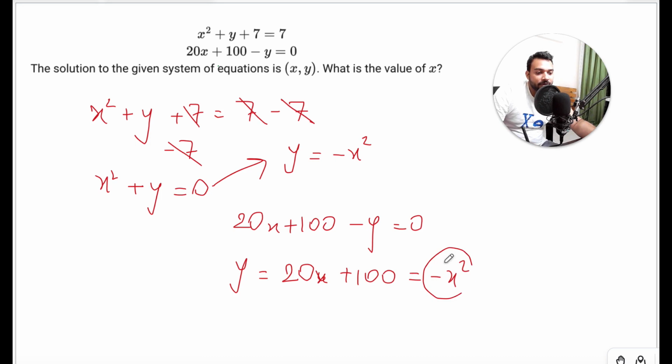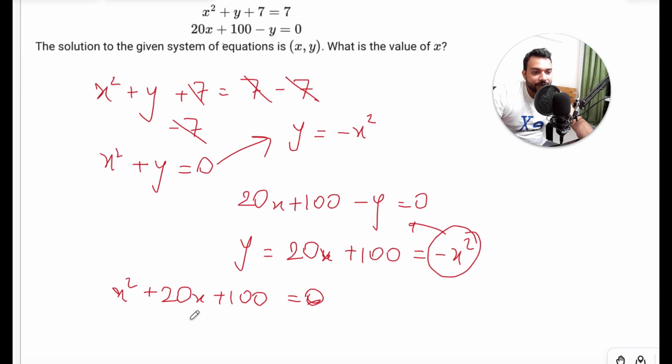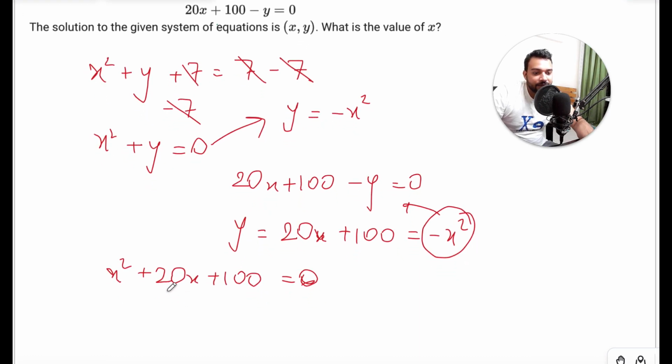This can be brought to the other side to make a perfect quadratic equation. x squared plus 20x plus 100 is equal to 0. Now here we need to split the 20 in the middle into two parts, such that they add to 20 and multiply to 100, which is very obvious that it's 10 and 10. x squared plus 10x plus 10x plus 100.